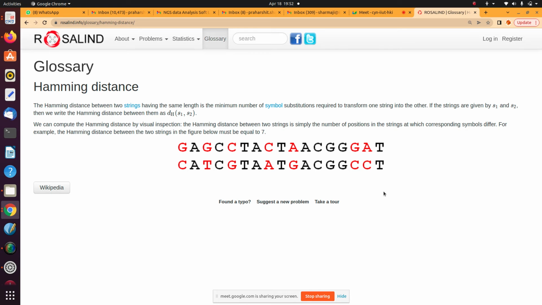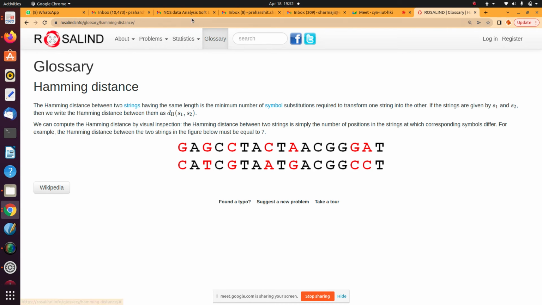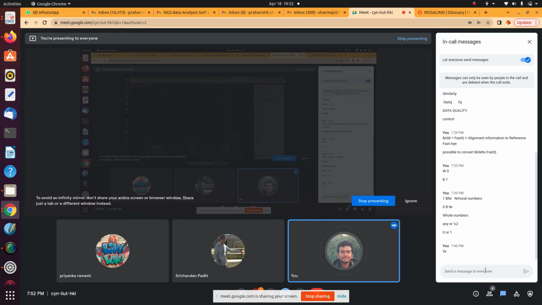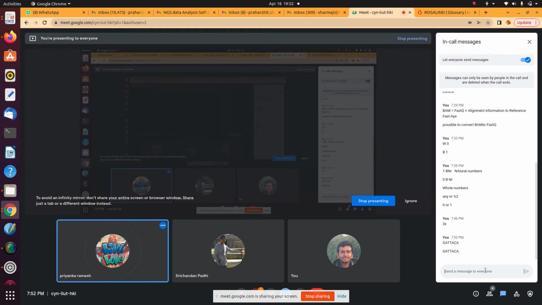So let us say, for example, I have these two strings. What is the Hamming distance between these two? 0, right?